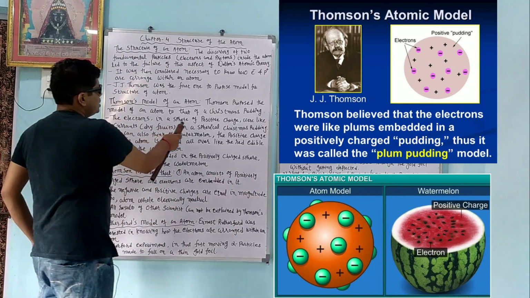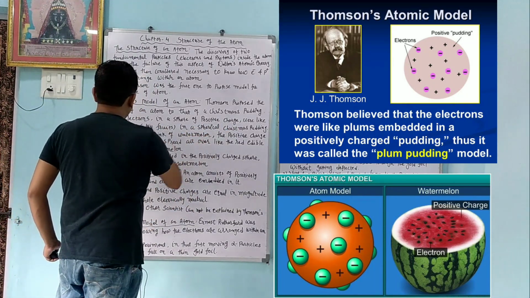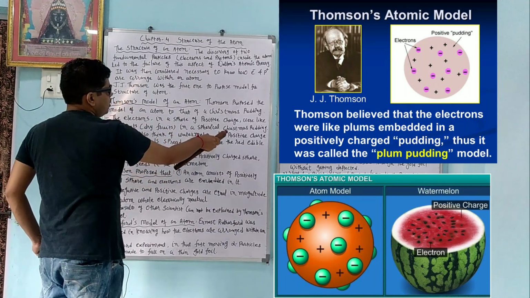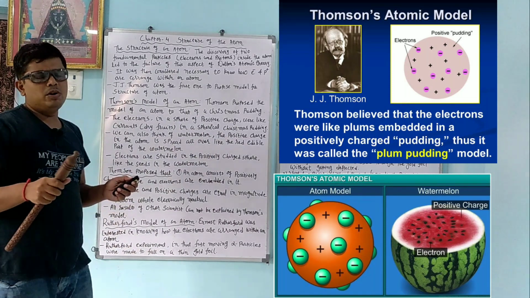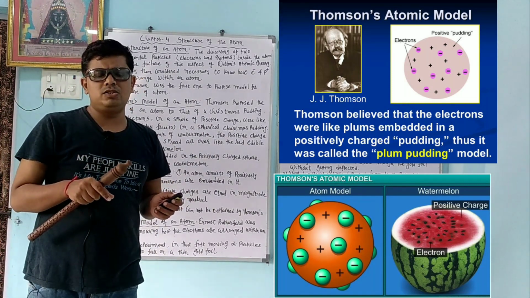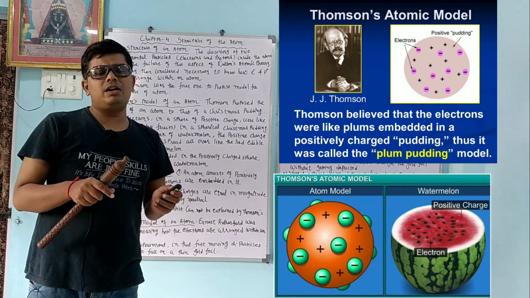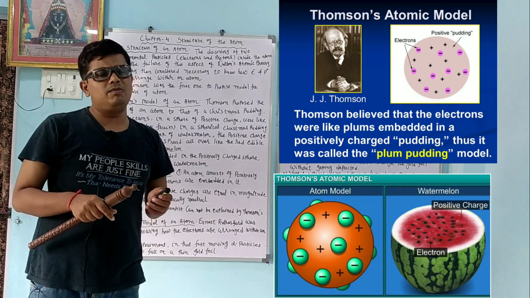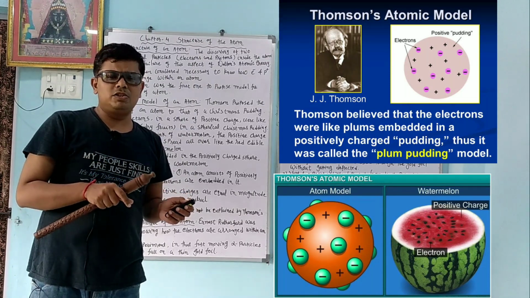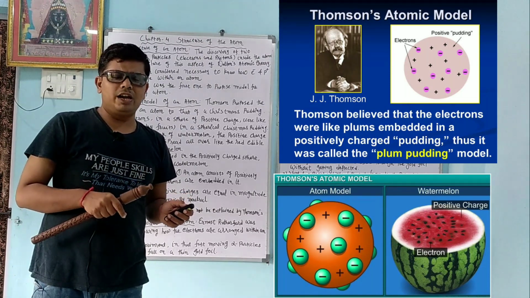The electrons in the sphere of positive charge were like the currants, dry fruit, in a spherical Christmas pudding. So in the Christmas pudding we can see that the dry fruits are negatively charged, and the other part is positively charged. Same way, consider the watermelon. The red part is positively charged, and the seeds are negatively charged.